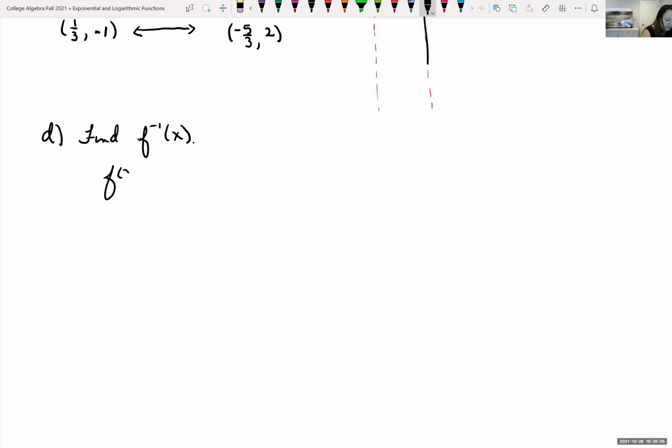Again, f of x was equal to 3 plus log base 3 of x plus 2. Okay, so to find f inverse of x, let's rewrite this as y equals.